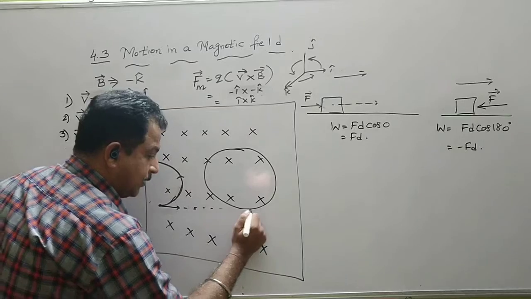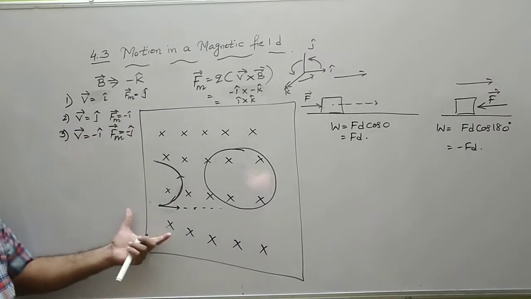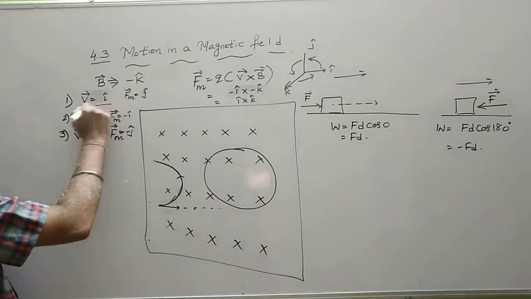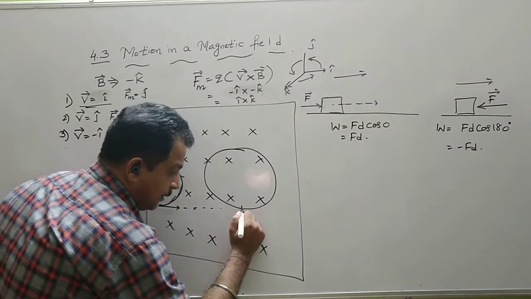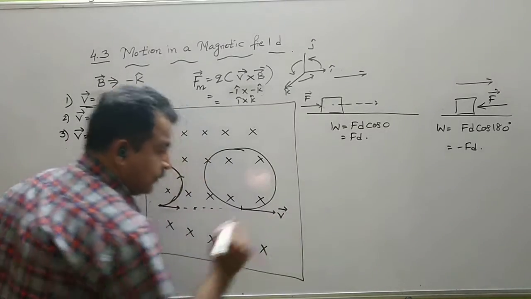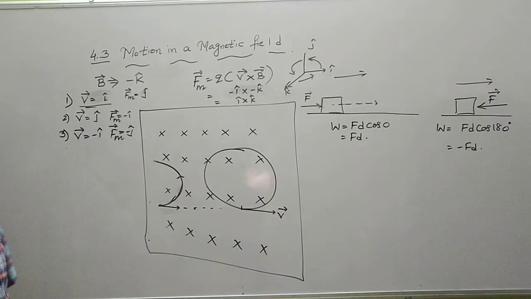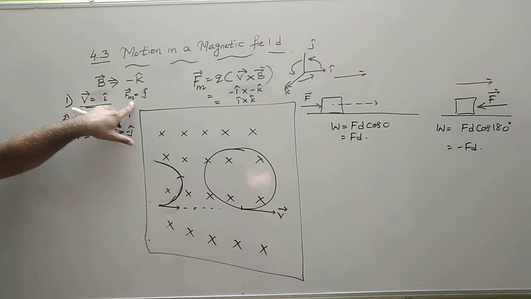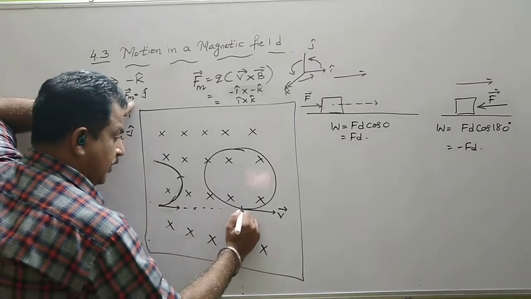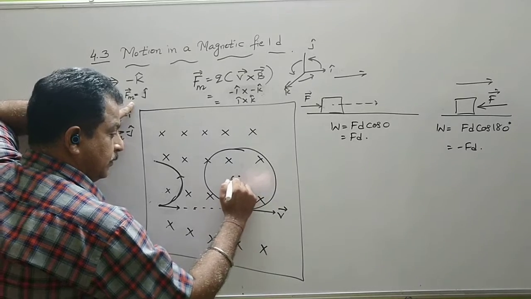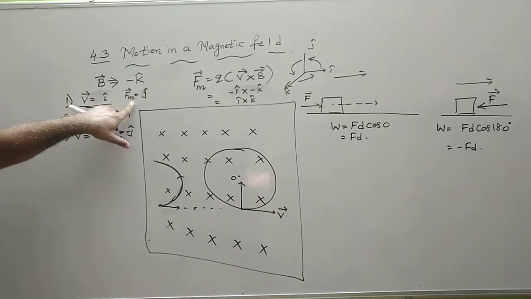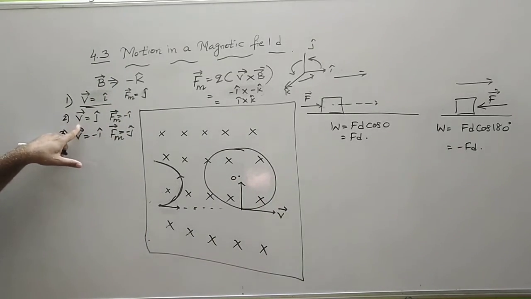Now let us understand this diagram again. So this is the first instant. Let us take this instant. This is V vector. B is going into the plane of paper. What is the direction of the force? That is j. Now V becomes j.